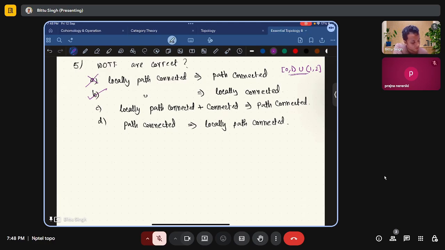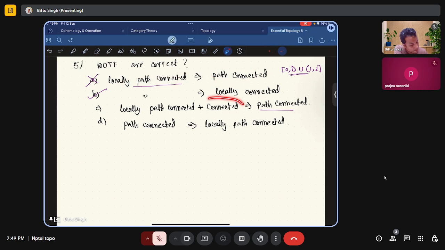Now locally path connected plus connected, do those two imply path connected? Is it true? We have already seen that locally path connected implies path connected is not true.